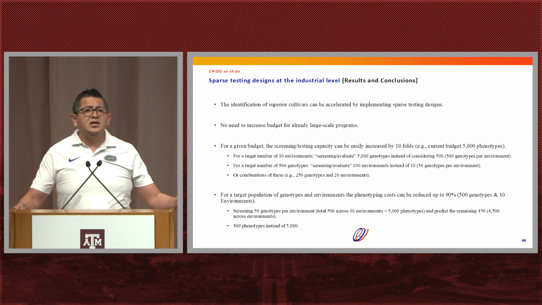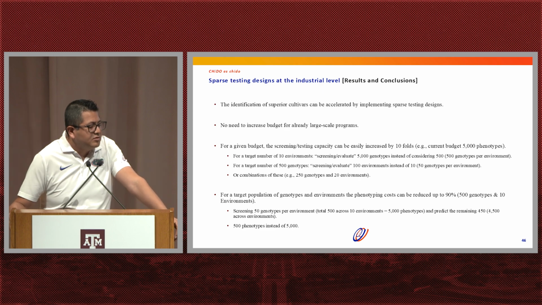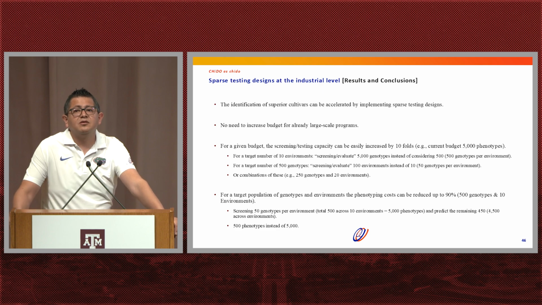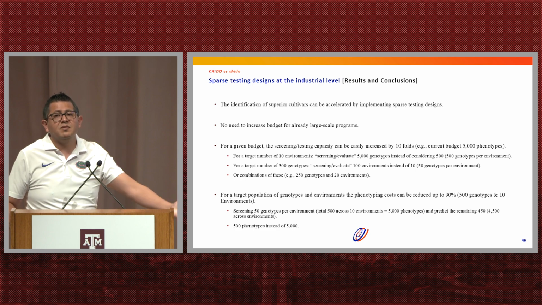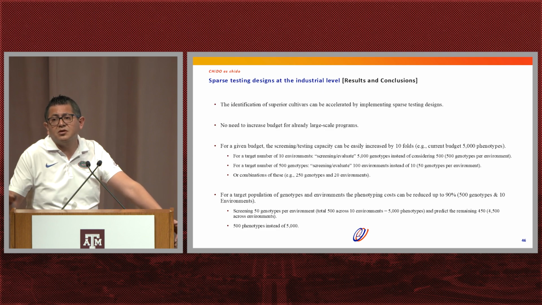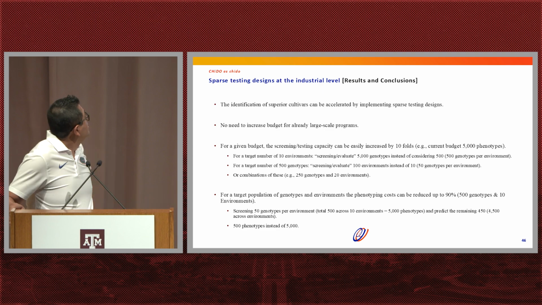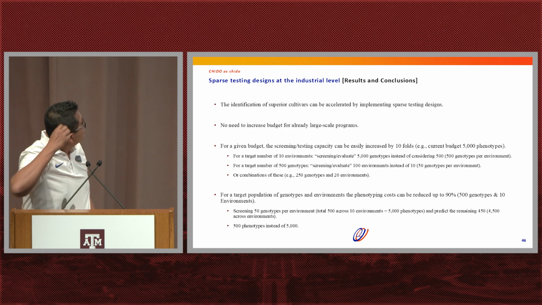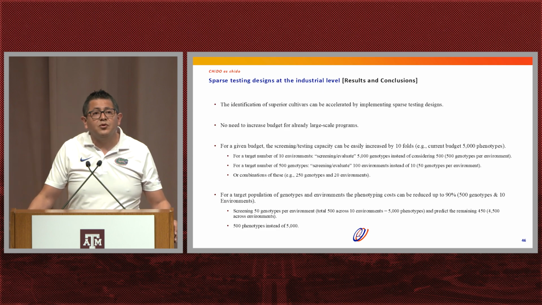So we found with this that the identification of superior cultivars can be reduced in time, right? If we implement this type of method, we can save a lot of resources, but the most important resource is time. There's no need to increase the budget for already large-scale programs.